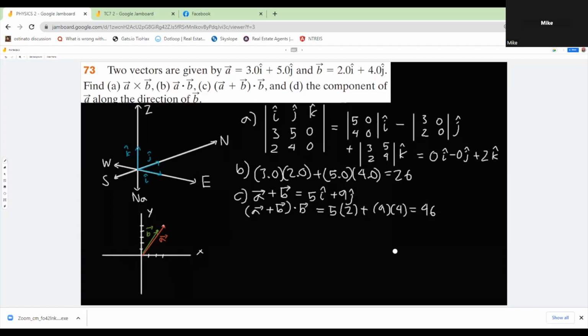Determinants? Hindi, determinants is for cross product eh. Yung dot product, distributive. I forgot. Okay, so A dot B and then B squared sort of. Okay. So, paki-check na it also works.